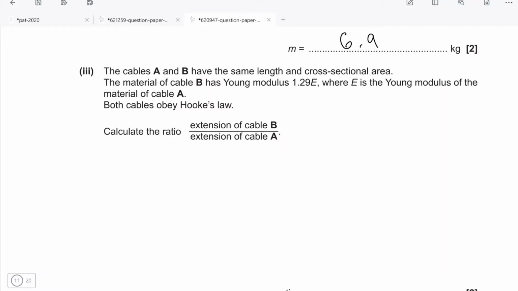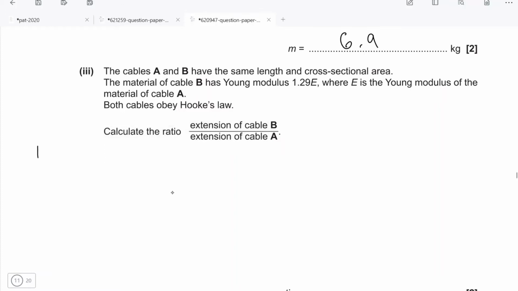Now remember, anytime we have a ratio, we should just confidently work through it, not worrying too much, because something is going to cancel out eventually. Well, let's start off just with the two Young's moduluses.